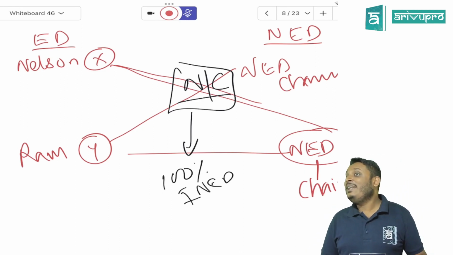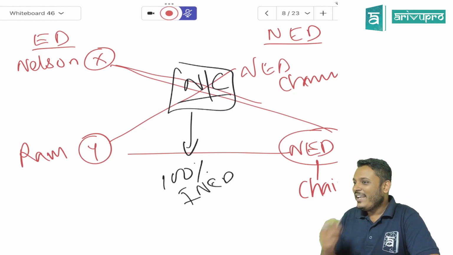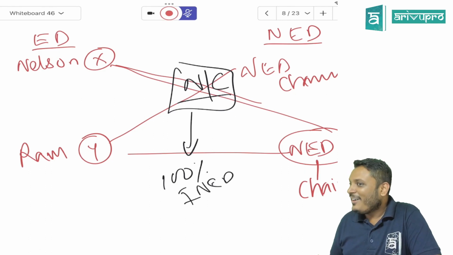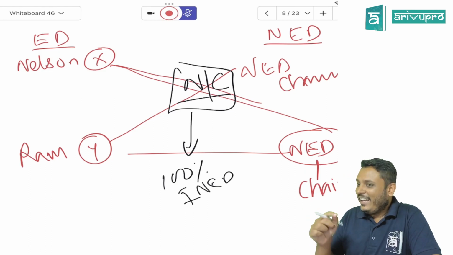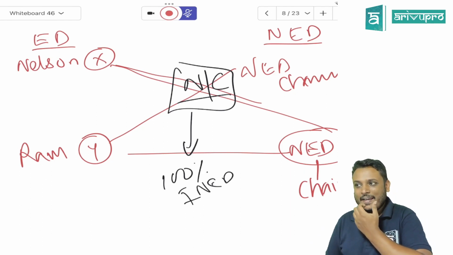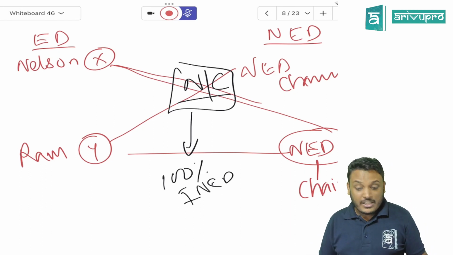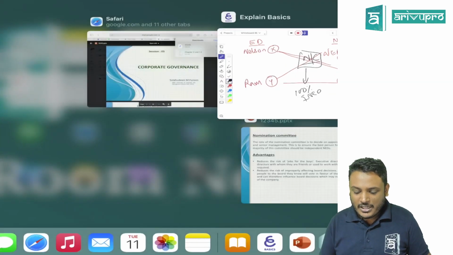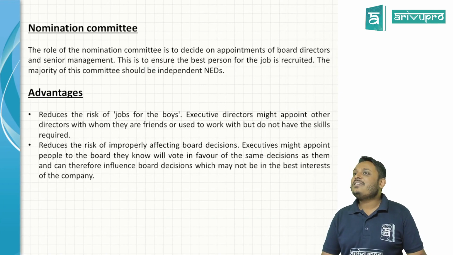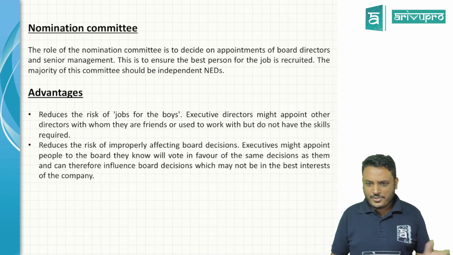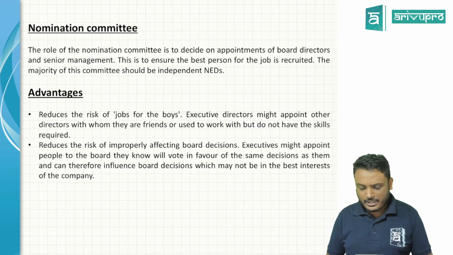See the word, independent non-executive directors. Why? If we put non-independent non-executive directors, still they can get influenced. You got my point? Understood? Right. That is the role of the nomination committee. Very, very important. If the nomination committee is not performing well, ultimately it affects the governance structure. Understood? So just go with nomination committee.